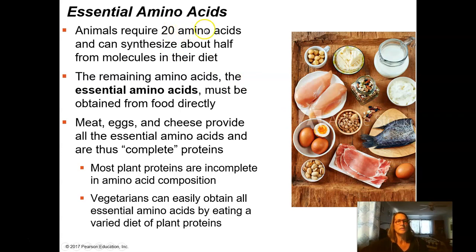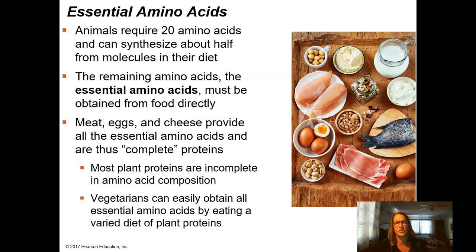In terms of essential amino acids, animals require 20 different amino acids in their diet. They can synthesize about half of these from molecules that they get from consuming different things, but the remaining, I think it's 10 or 13 of them, are essential amino acids, which again means they have to be obtained from their food in the form of the amino acid.